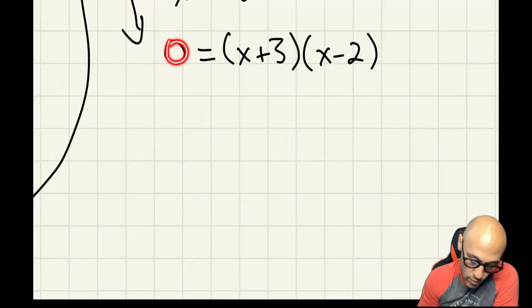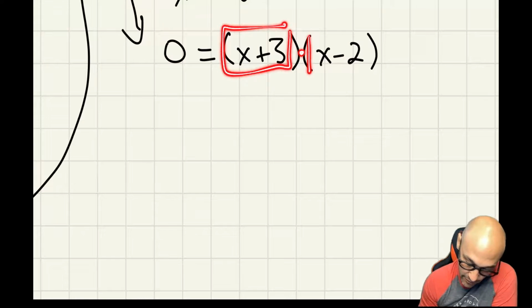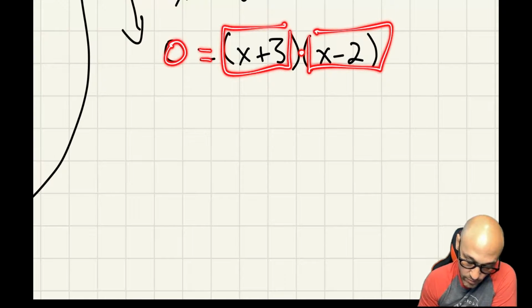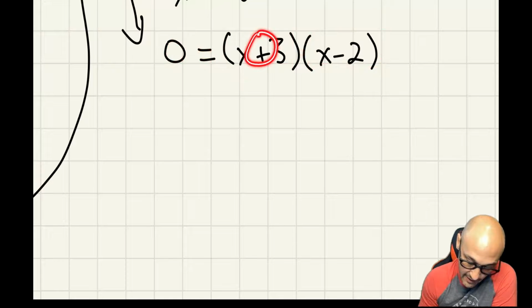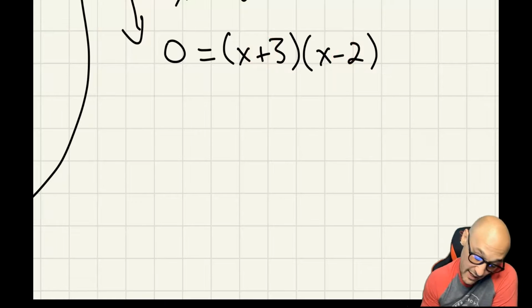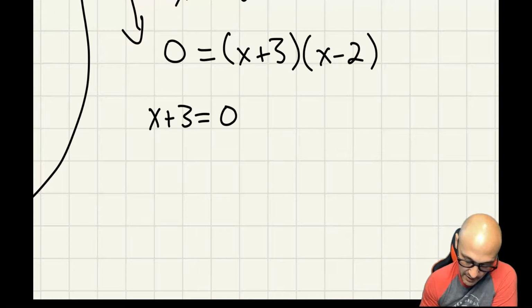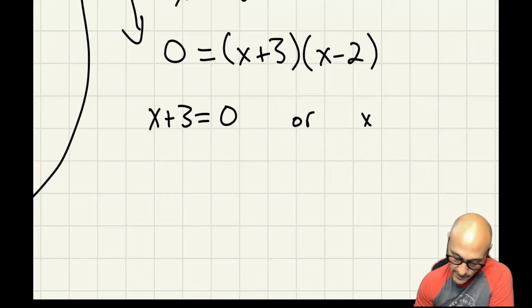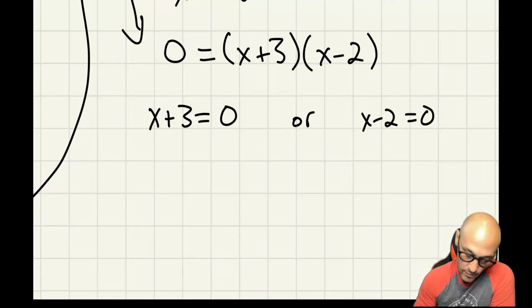The zero product property says when you multiply two things together and the result is 0, either the first thing has to be 0 or the second thing has to be 0. They could both be 0 as well, but not in this situation. So either the first thing has to be 0 or the second thing has to be 0.